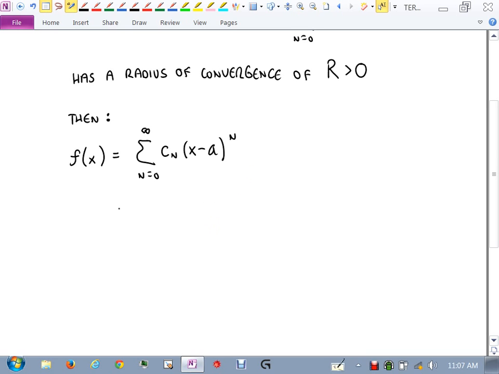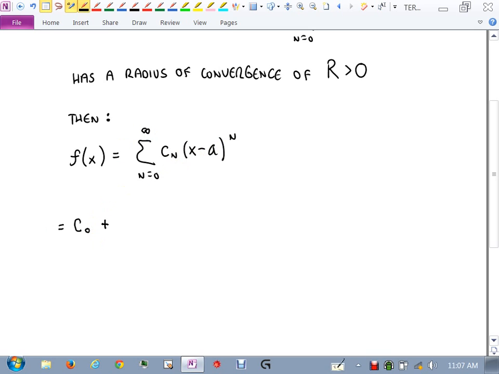And let's just write out what f looks like if I start plugging in values of n. So if you plug in n is 0, you get what? c sub 0, right? x minus a to the 0 is 1, isn't it? So that would just be c sub 0.